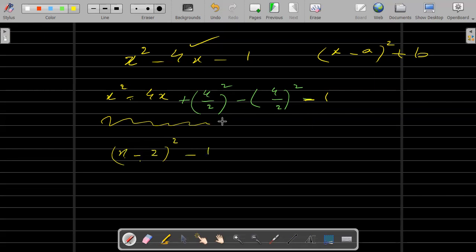Okay, now you have to simplify this. These three values give you this square, and then these two values you have to simplify. It will be minus 2 squared, that is 4, minus 1.